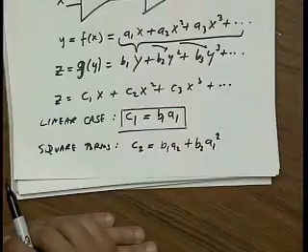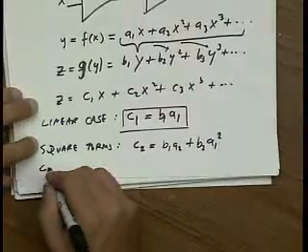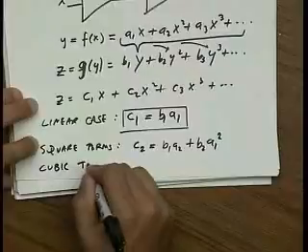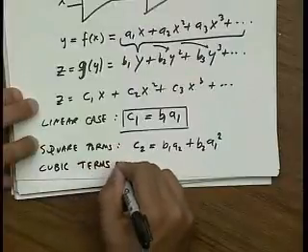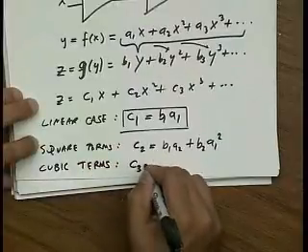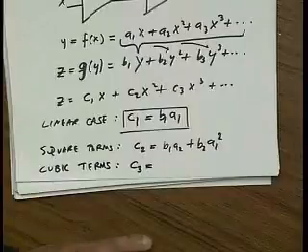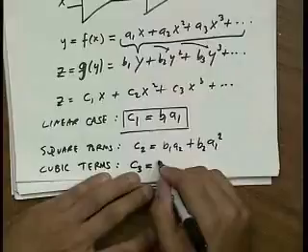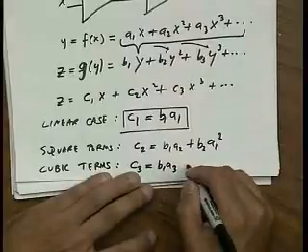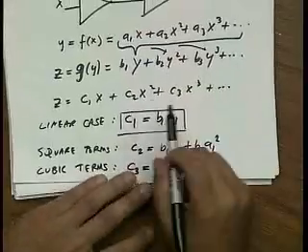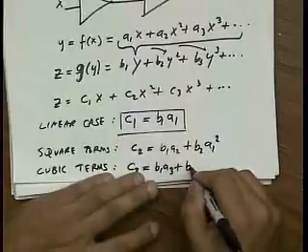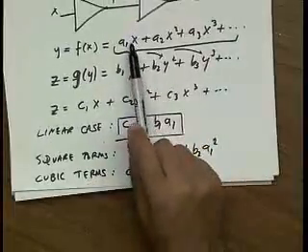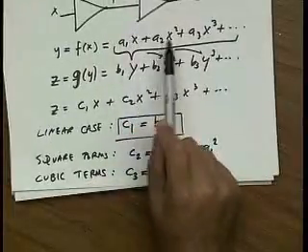Okay? How about my cubic terms? So again, on the left-hand side, it's C3. On the right-hand side, now it's getting pretty obvious. I'm going to get a B1 times A3. And then from the square term, B2, I'm going to get this term times this term. And I get that twice.